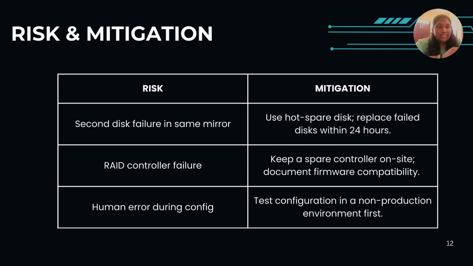First risk is second disk failure in the same mirror. For this, they can use a hot spare disk, a backup disk ready to automatically replace a failed one. Also replace the failed disk within 24 hours to avoid more damage.